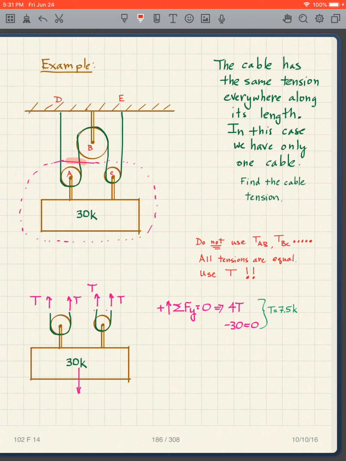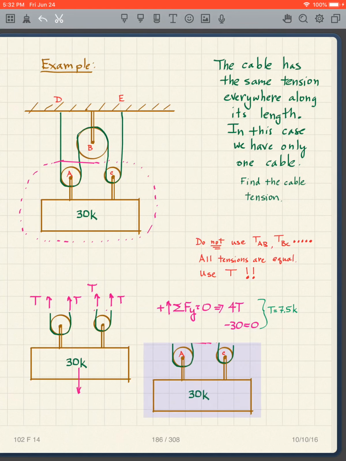Now my free body diagram is going to be around here. And again, I'm going to do a copy and paste. And again, you have to be true to this. Copy, paste.